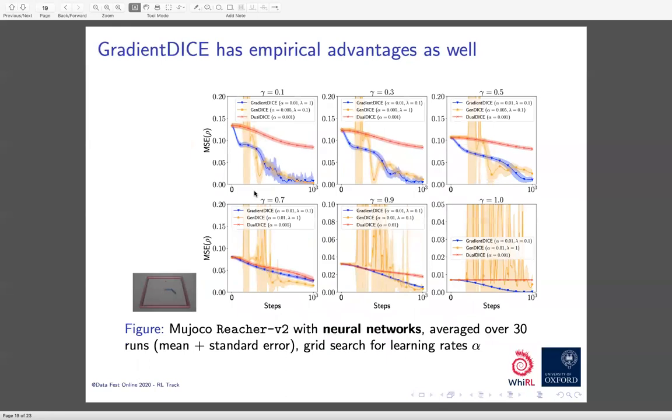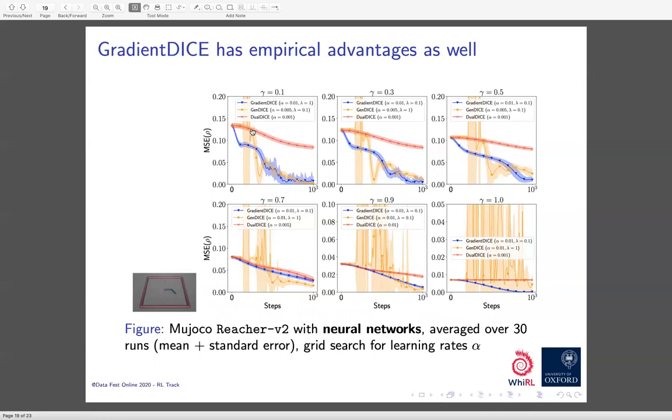Nowadays, neural networks have become very popular, so we also tested GradientDICE with neural network function approximation. We use MuJoCo Reacher version 2 as our benchmark. In this domain, we have a robot arm. The goal of this robot arm is to hit a ball. We use some other control algorithm to train a policy, and we want to estimate the performance of that policy with some pre-given dataset.